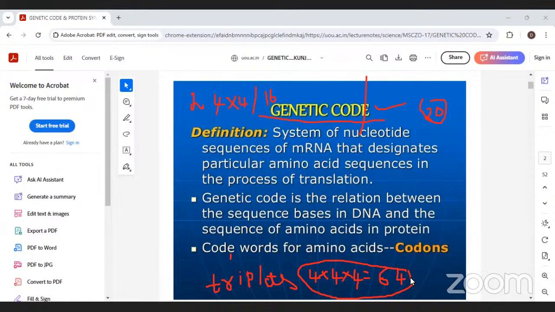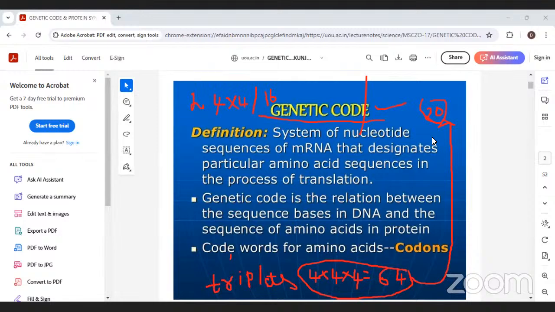Approximately 64 possible triplets are too many for 20 amino acids. Overlapping triplets have been suggested to cut down the number of possible trinucleotides to somewhere about 20.